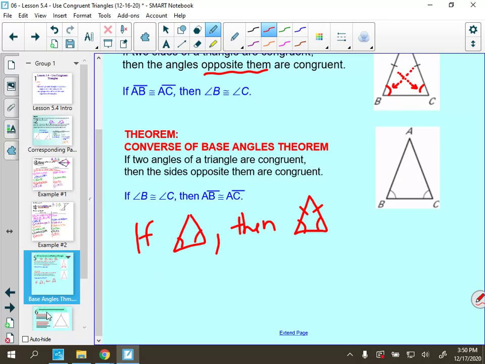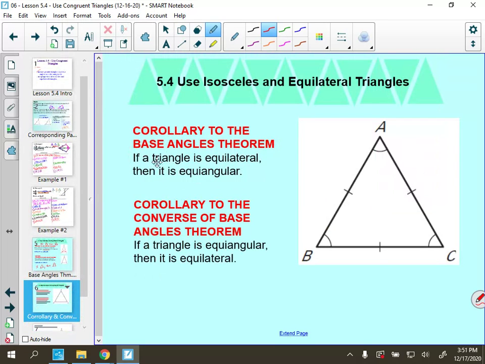What goes right along with this is a corollary, and I know we've seen that in other sections, but it's basically just a real quick follow-up to that. It involves equilateral triangles, and it's just a straight up statement. If you have a triangle that's known to be equilateral, that same triangle has to also be, at this exact same time, equiangular.